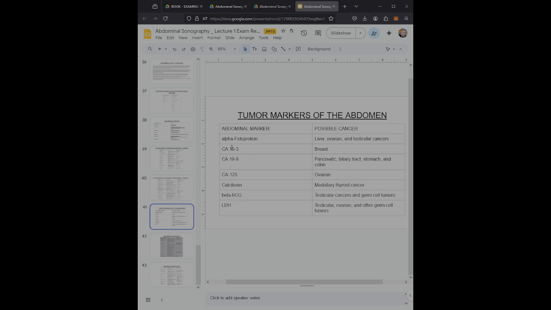Cancer antigen 15-3 has been found in the serum of more than 70% of patients with breast cancer. So whenever you see cancer antigen 15-3, it is indicative of breast cancer. It is also present in almost 70% of metastatic breast cancer events, to the point where cancer antigen 15-3 is a promising biomarker for early detection of breast cancer.